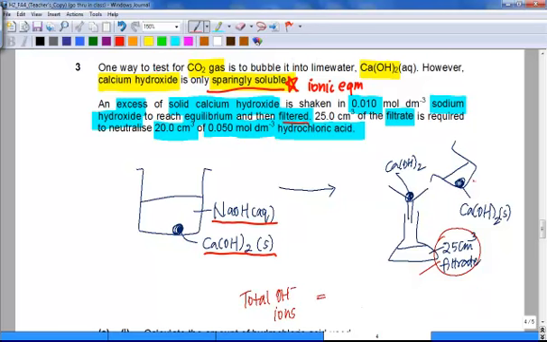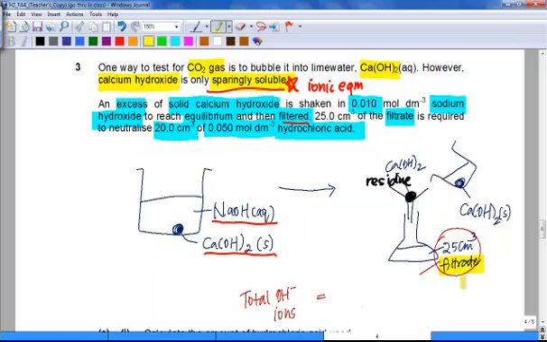On this side, you will notice that I tilt the beaker through a filter funnel into a conical flask, and take note, the calcium hydroxide solid will be stuck on top as the residue. It doesn't go through the filter funnel. So what is in the filter funnel now is my filtrate.